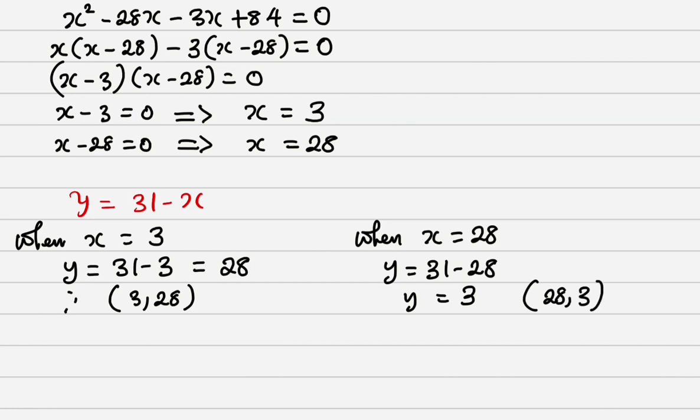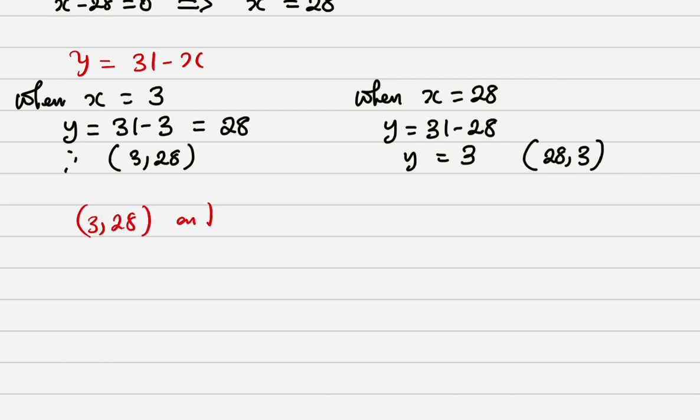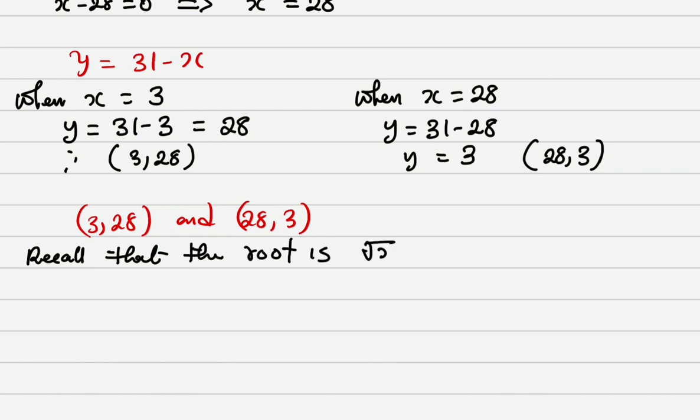Now, I have two possible solutions. In summary, I have (3, 28) and I have (28, 3). These are the things that I have. So therefore, recall that the root is root of x minus root of y.